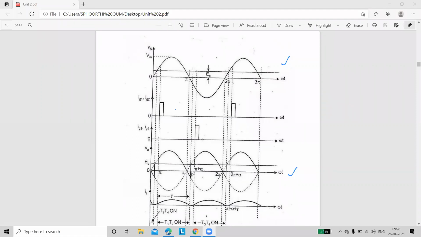Are these waveforms in continuous mode or in discontinuous mode of operation? Discontinuous mode of operation, madam. Discontinuous. Okay, just say the answer why you are getting this portion, which was not discussed in our earlier topics. Is it right? This thing is not discussed in our earlier topics, that is in the last semester.